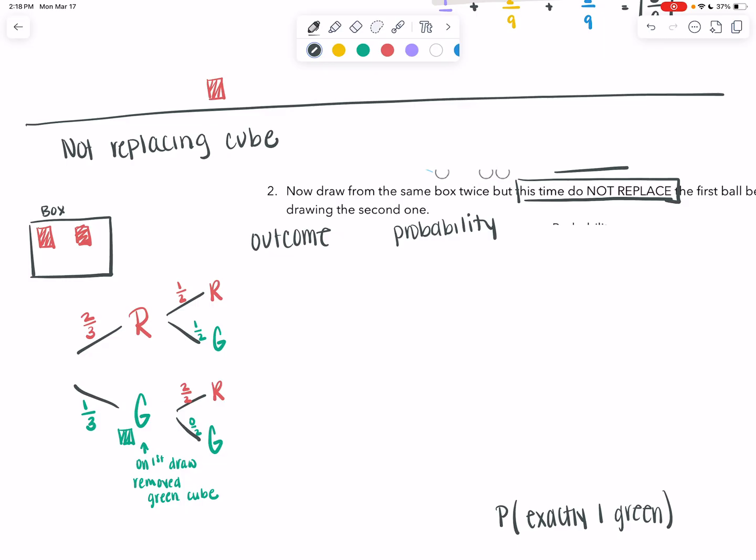So now we learned that there is a shortcut that says you can find the probabilities by multiplying all of the probabilities along the tree. So if I'm looking for the outcome red, red, the probability of that is going to be multiplying those 2 outcomes. 2/3 times 1/2.